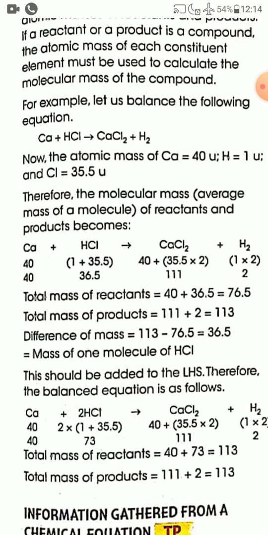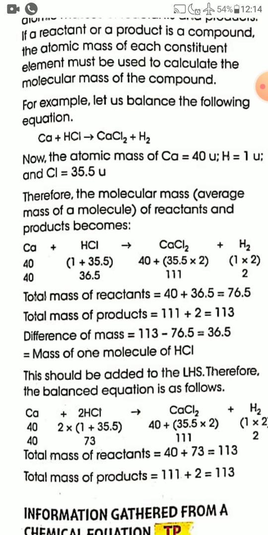So the difference of mass, that is total mass of products minus total mass of reactants, is 113 minus 76.5, which is equal to 36.5, and this 36.5 is the mass of one hydrochloric acid molecule.